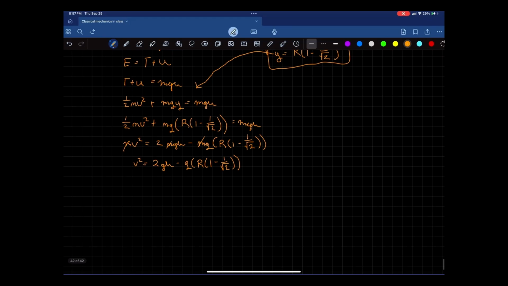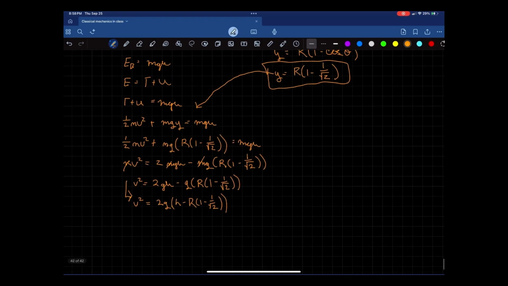If you want, I think in the book he factored it out, so if you wanted it to look exactly like the book, h minus r times 1 minus 1 over the square root of 2. I don't know why I wrote h again. This is supposed to be r. Anyway, that's exactly what it looks like in the book, but that's the derivation to get there.